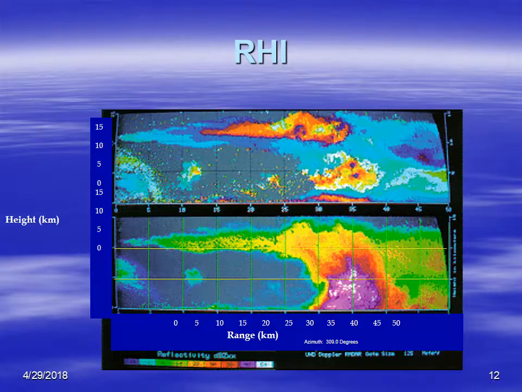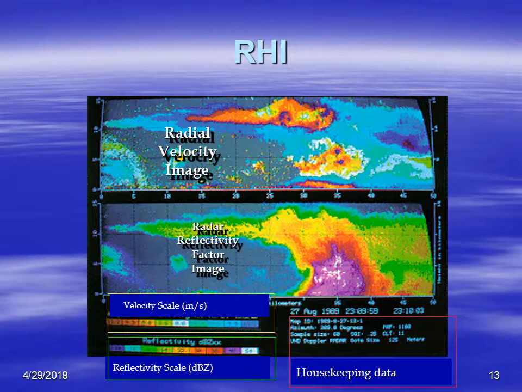It shows the range and the height going up in kilometers, and range going out from the radar in kilometers also. And this is along the 309 azimuth, which is to the northwest. So there's your radial velocities, and there's your radar reflectivity, in other words, your dBZ.